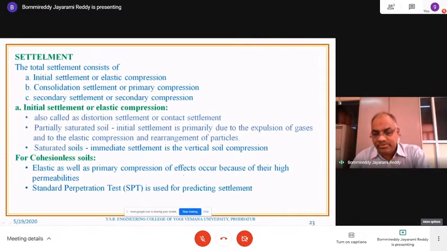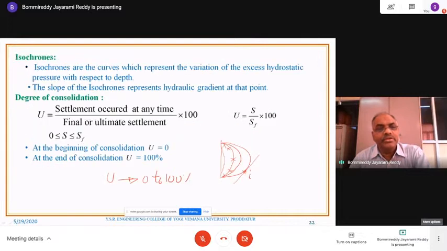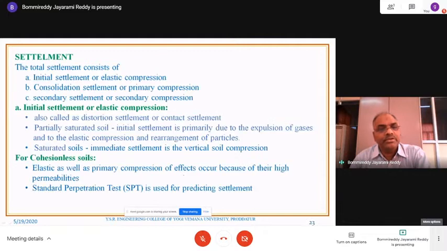Then settlement. Already you have seen earlier at the beginning, there is initial settlement, primary settlement, and also secondary settlement. There are two types of soils, cohesive soils and cohesionless soils.